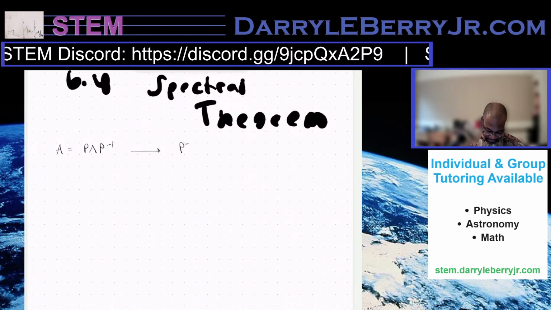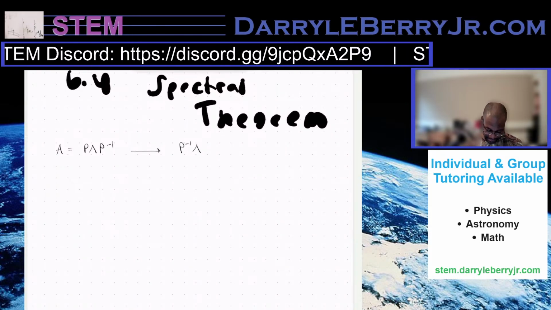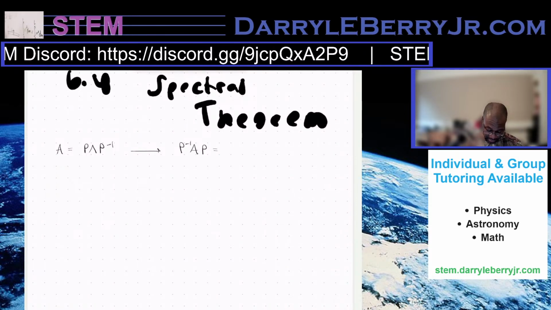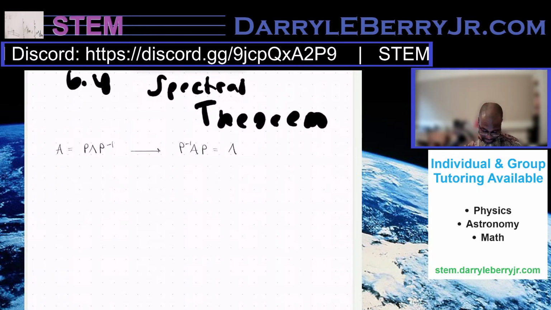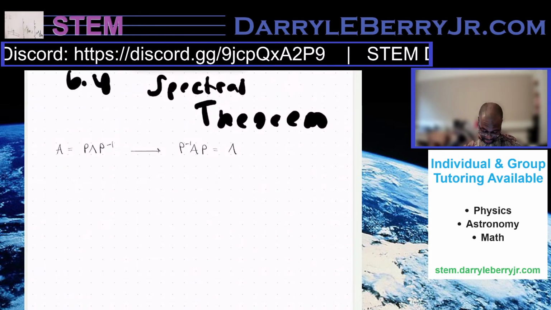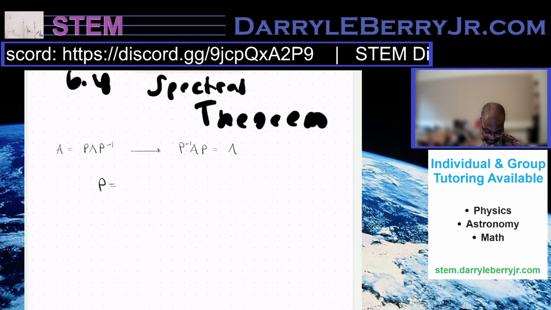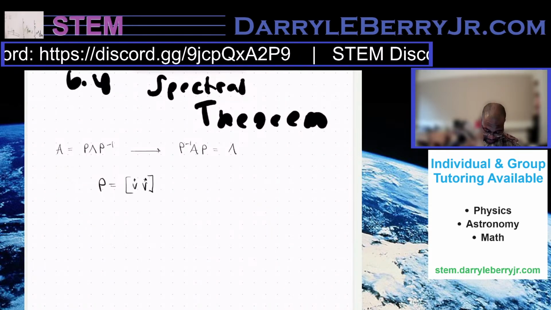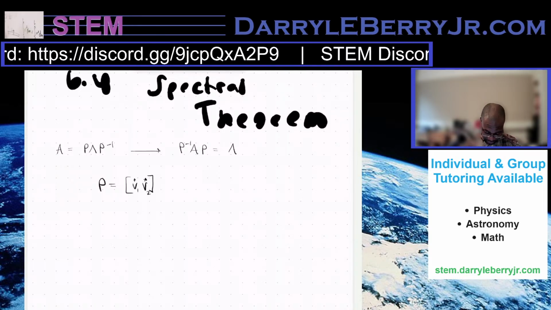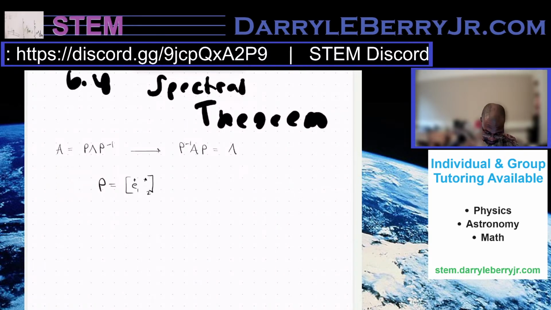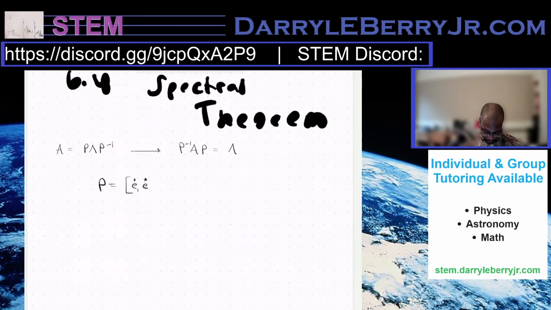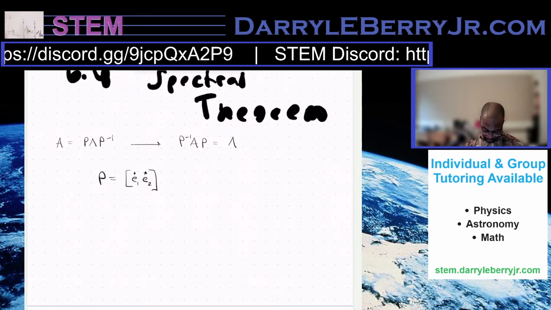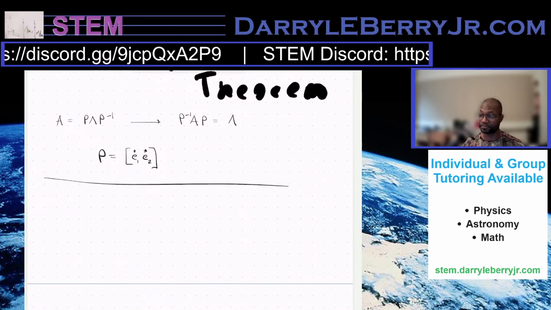Therefore, P inverse A P equals the diagonalized matrix. So it's a process. And P are the eigenvectors of the set, which we'll call 1, 2, and I'll even call it E eigenvector. So that's how we get P, and that's how we get the diagonalized matrix.